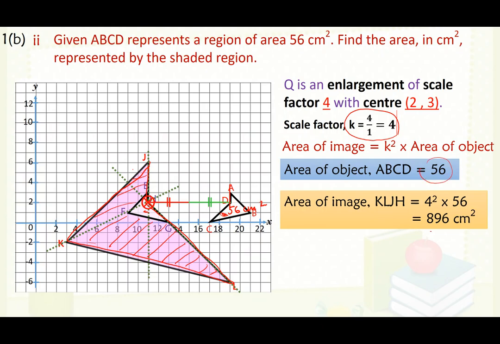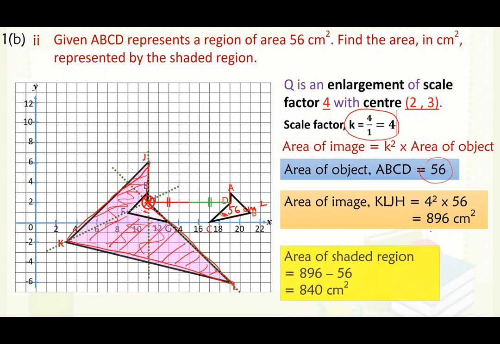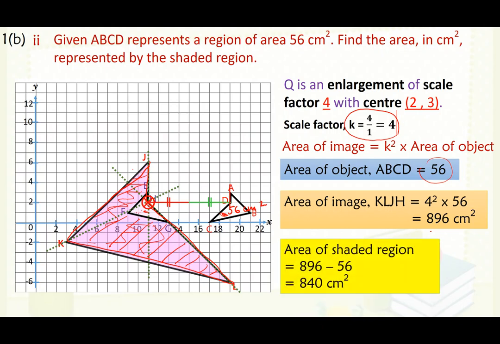So this is the big side, but I want the shaded region. 我只是要这个涂鸦的地方. So I need to minus my area of object. So area of shaded region is the area of the big one, this big image, minus the object. So minus 56. I get 840.